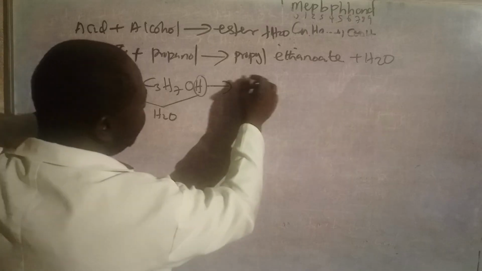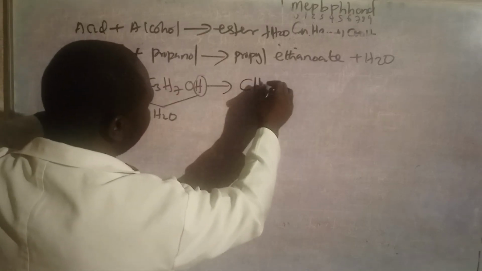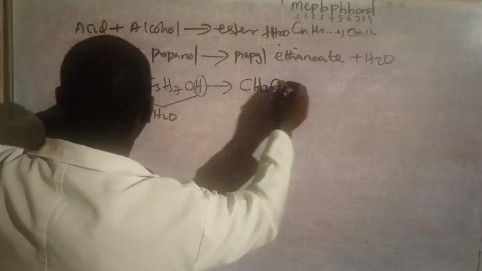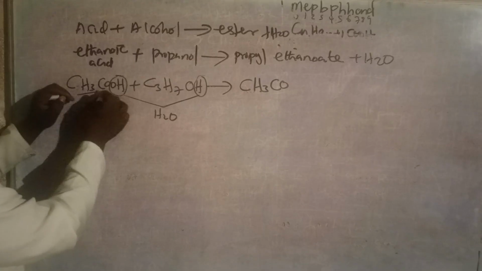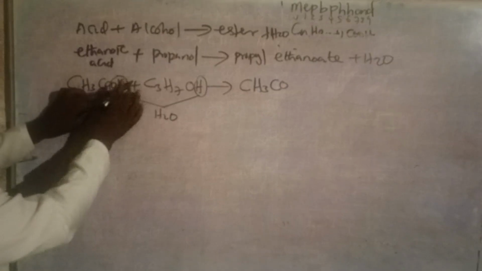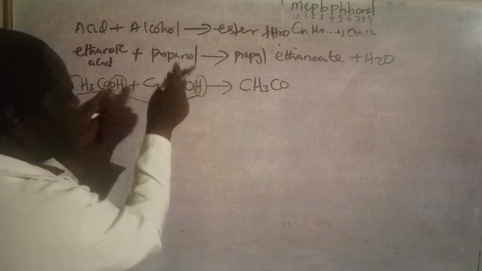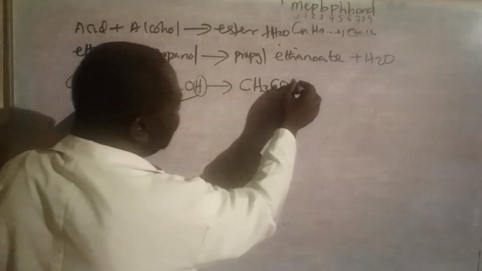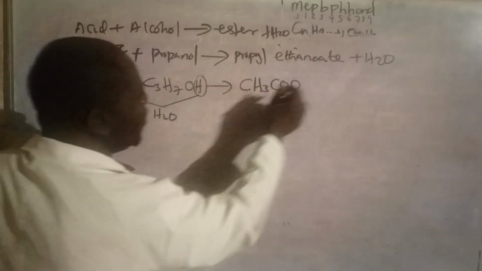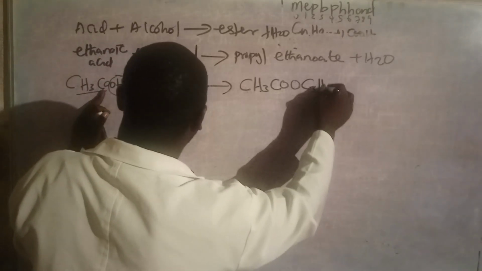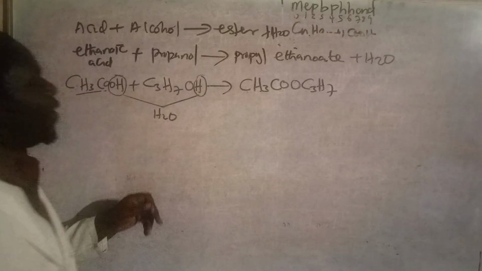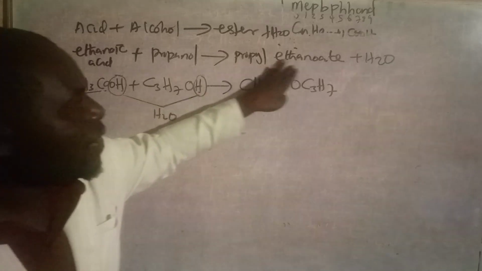So my acid is this one. I'll write CH3CO. Listen, I've written this, it has ended, since I've removed this part. Now I'll get the remaining part, but I need to start with O, so this O I'll put here. Then I'll write this part, which is C3H7. So this is the formula for propyl ethanoate.